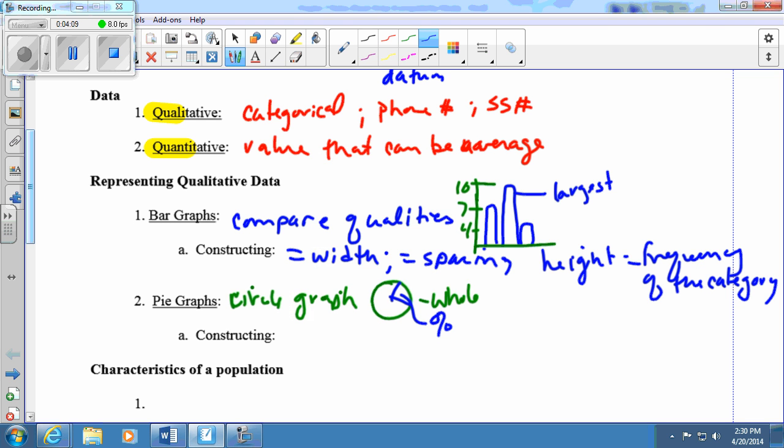So when you construct, you take 360 degrees and you look at it as a percent or a proportion. So if you think of 90 degrees, there's 90 degrees. And so you're going to look at it as a percentage versus a bar graph looks at the frequency or the number.